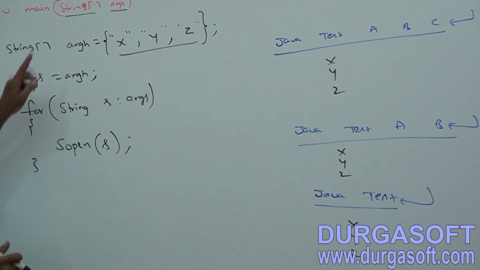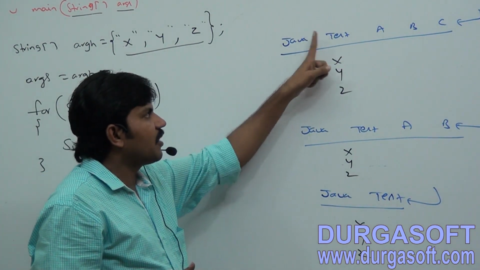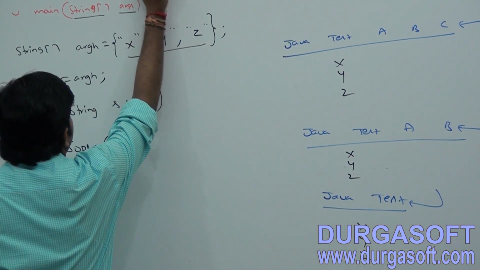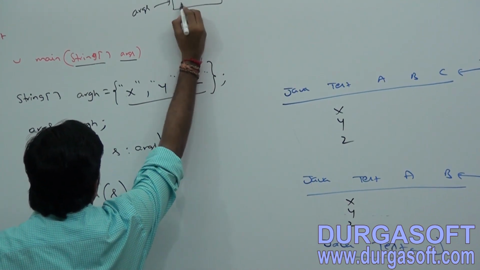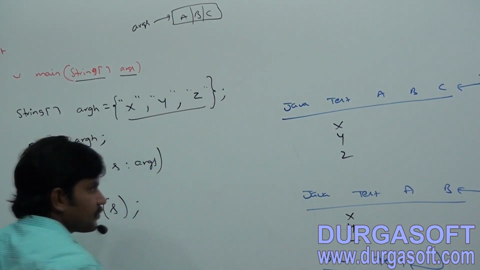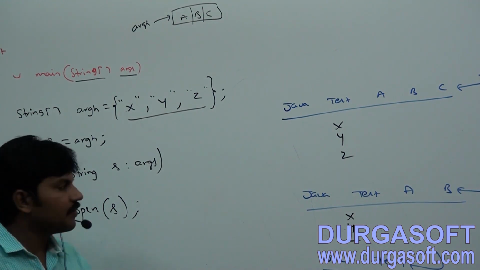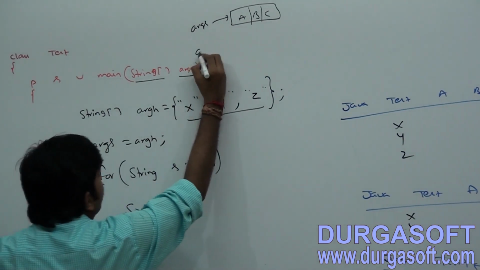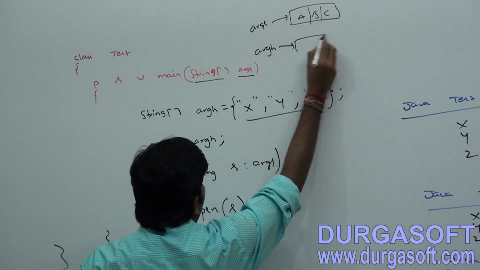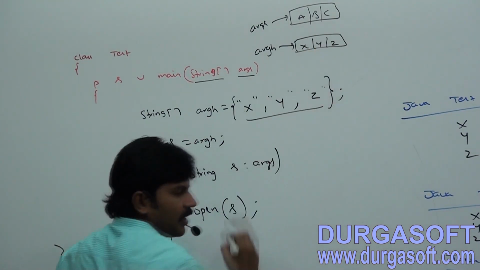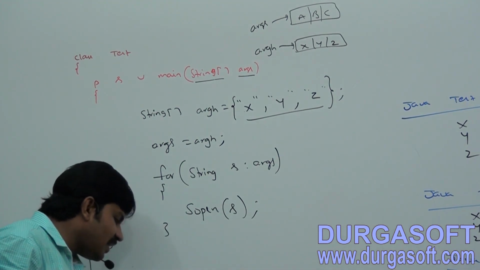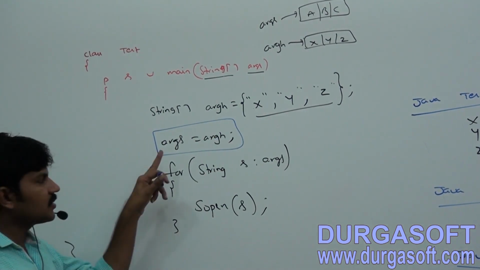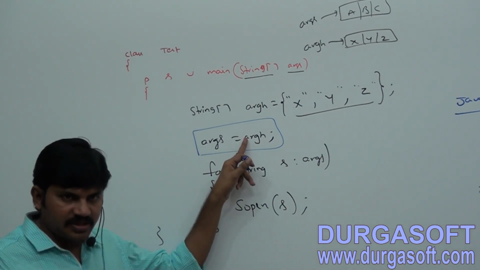Simple, here see. Let me consider the first case, java test ABC. args is pointing to ABC, right? Now argh is equal to xyz. Now this line plays a very important role: args = argh.